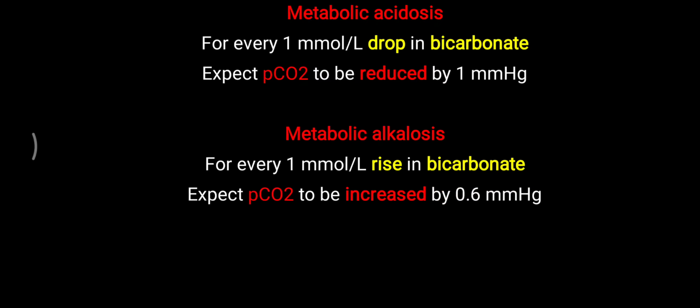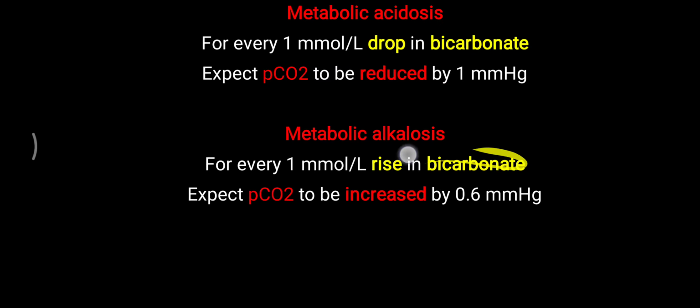So if the primary changes lead to secondary changes, the secondary changes will always be in the same direction. You have to remember that secondary changes, irrespective of metabolic or respiratory, are always in the same direction as the primary changes. If bicarbonate level is decreasing, then PaCO2 will also reduce.